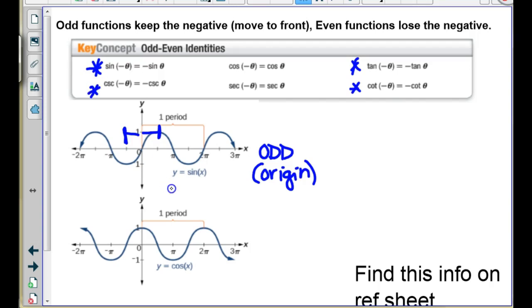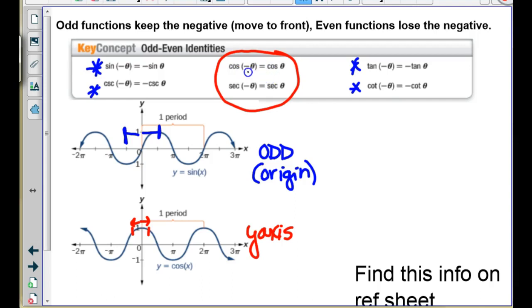All right, the even functions are those like cosine, where if I go to the right, we'll say pi over 4, and I go to the left pi over 4, I'm going to get exactly the same value because they have y-axis symmetry. So therefore, the negative can just be thrown away because left and right give you the same value.